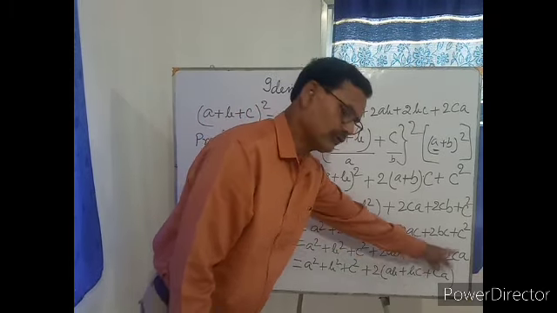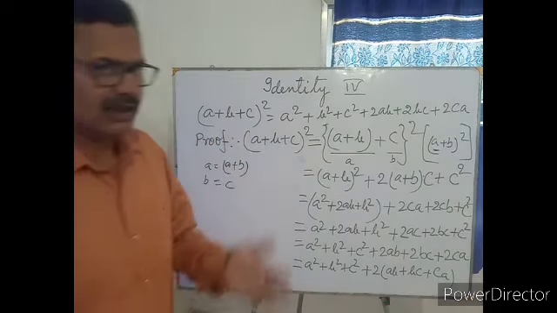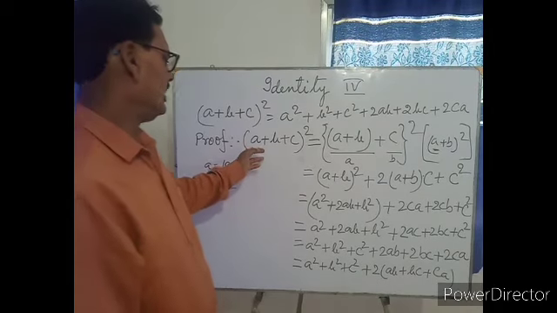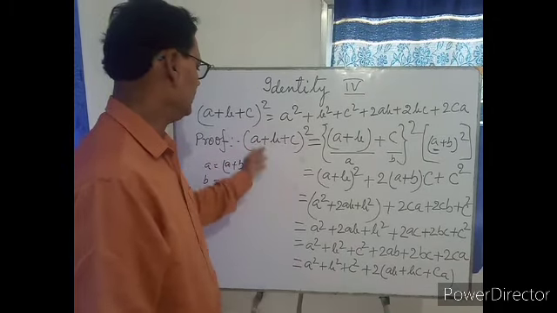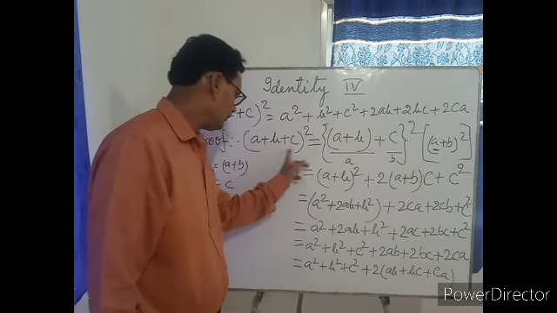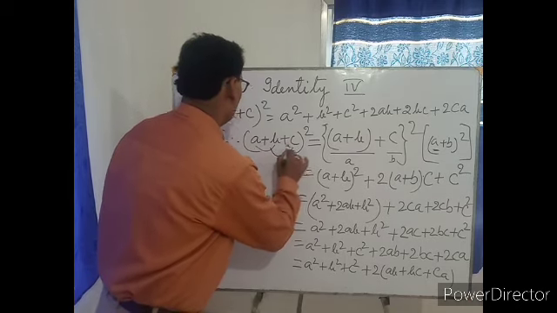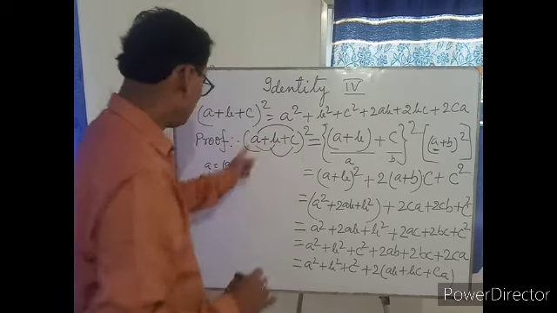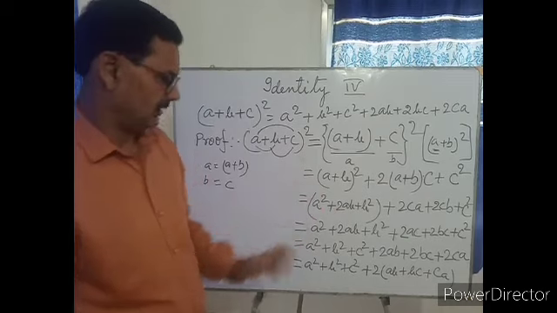I don't think you have any problem. It is (A plus B plus C) whole square is equal to, in the learning process it is very easy, A square plus B square plus C square plus 2AB plus 2BC plus 2AC or 2CA.